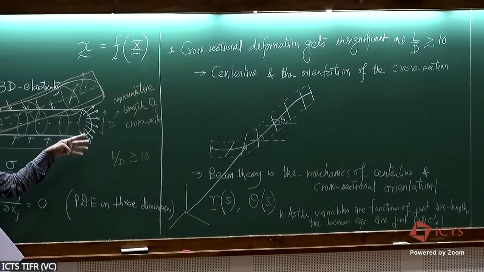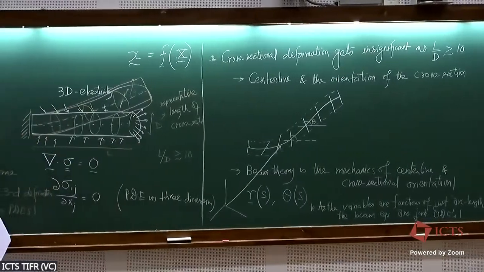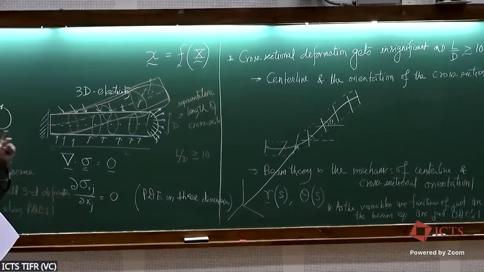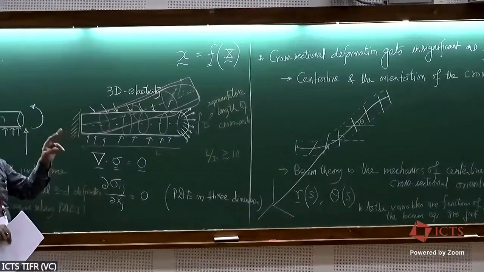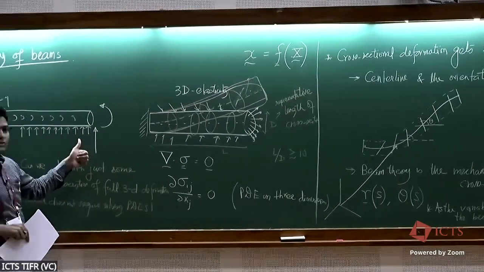There will be infinite choices of traction distribution, which will give you the same force and moment. So, but when we are solving beam theory, we never bother about what was the underlying traction distribution. We just think, okay, what's the resultant force and moment acting at the end?